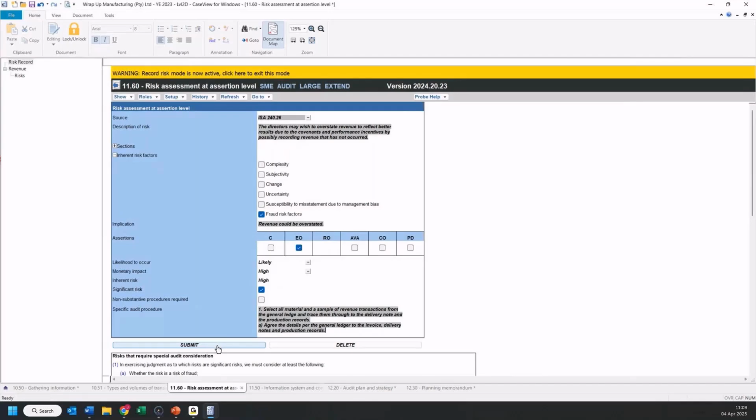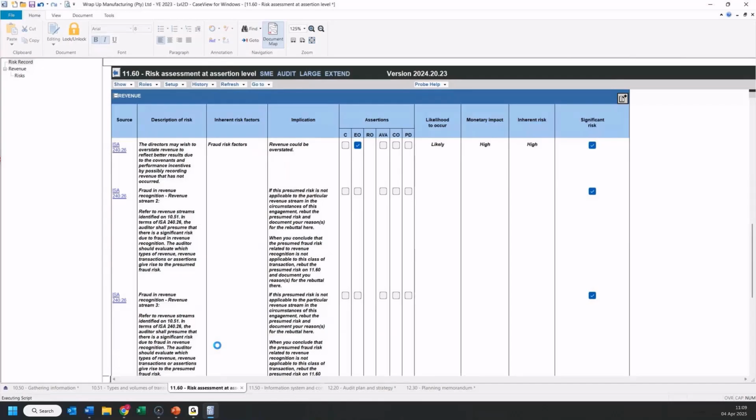And now I've got to be very patient, because I'm going to wait for the script to run to record this risk in the database. You can see that there's a little blue mesmerizing circle. It does take a few seconds, so we just need to be patient.